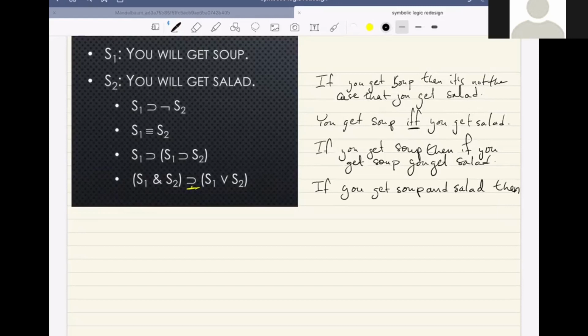And then we say, then you get soup or salad. So if you get soup and salad, then you get soup or salad, which is clearly true and evidences the nature of the inclusive or.